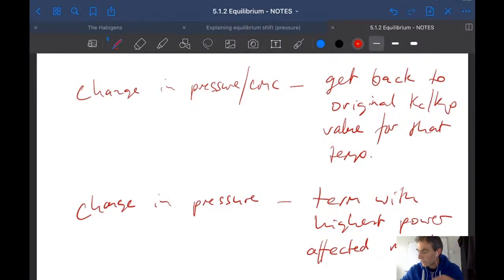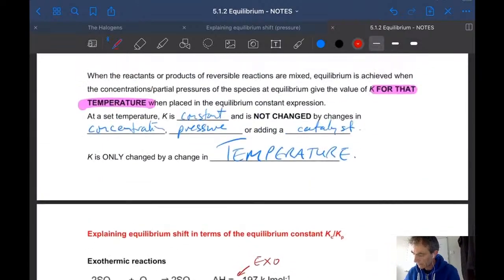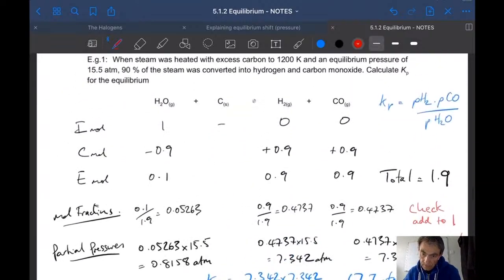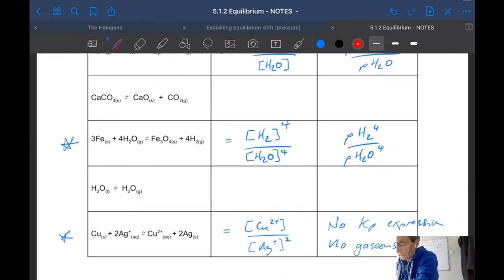All right, the water. I think you asked me that at the start, and I skipped it. Sorry, I'll go back to that for you. Kp for water and steam. Because Kp only involves gaseous substances, Kp would be the partial pressure of H2O.